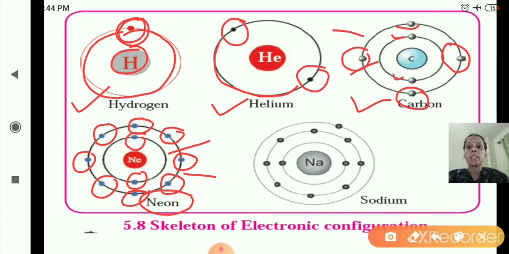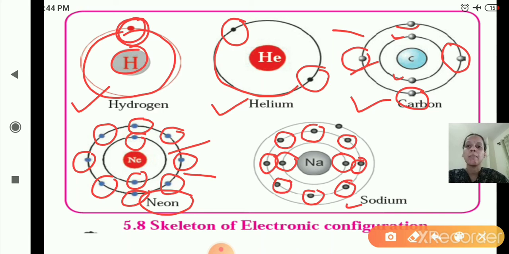Now the next one is sodium. How many total number of electrons? Yes, 11, right? So as you can see here, 2 electrons in K shell. Next shell is L shell. In L shell there are 8 electrons, 1, 2, 3, 4, 5, 6, 7 and 8, right?